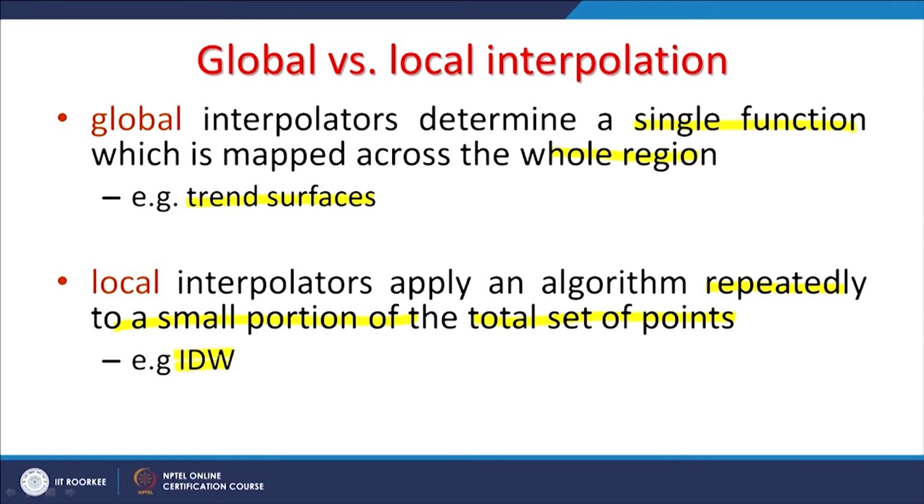Because all phenomena may not have that kind of global characteristic, trend surfaces may not be close to reality, whereas local interpolation techniques may be very close to reality, and therefore we may resort to local interpolators rather than global interpolators.